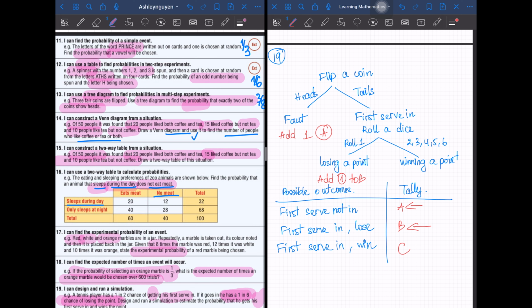Outcome C, add 1 to C. So that's how you design and run a simulation to estimate the probability that he gets his first serve in and wins the point. So the more trials you have, the more exact the probability. And that is the last question of the probability revision. Good luck everyone. Thank you.